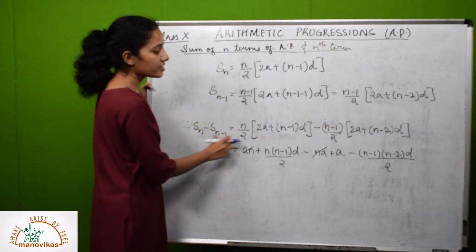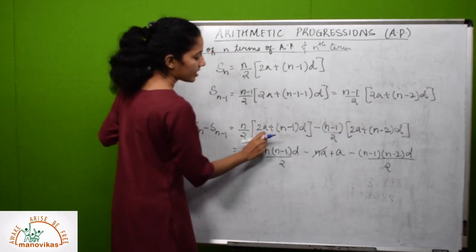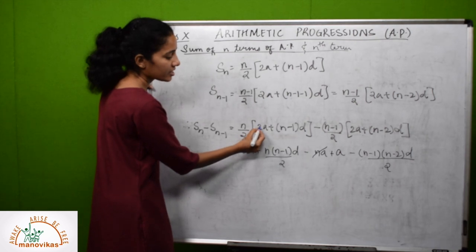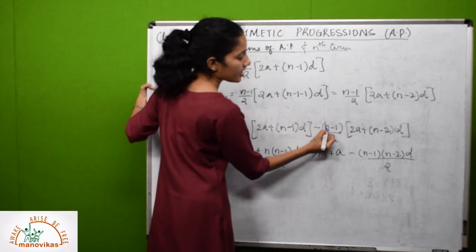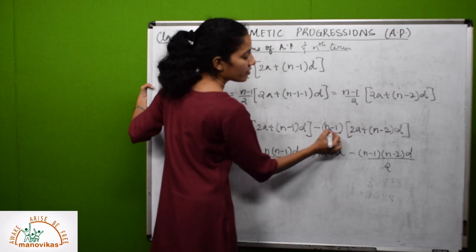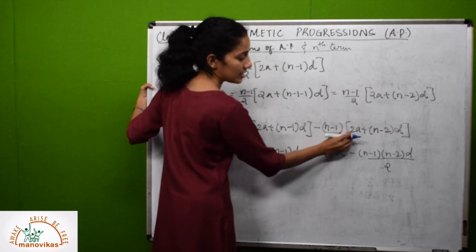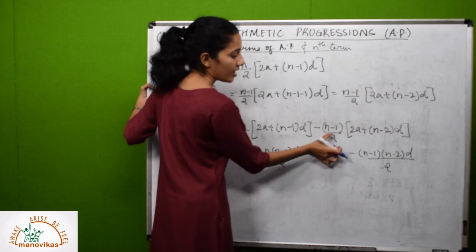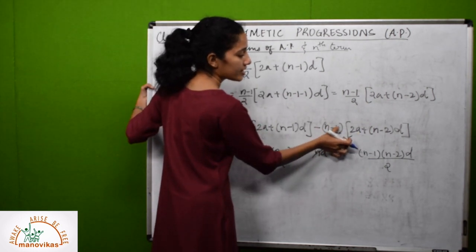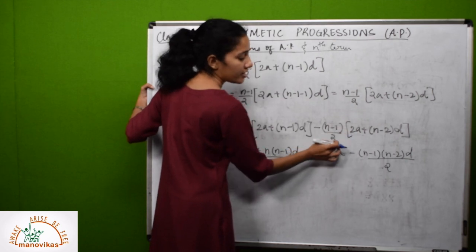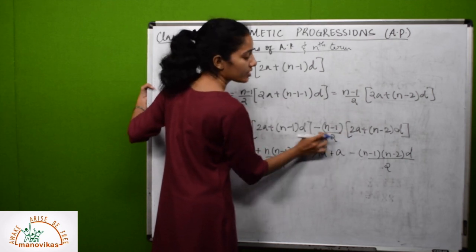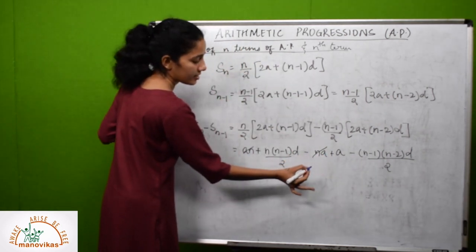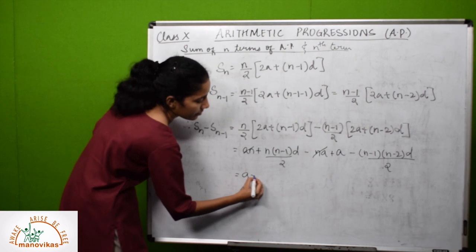So when you take the difference, I write the formulas as they are, and then in the next step I have multiplied them inside. When I multiply inside, the 2 cancels here, and in this case I have multiplied 2a with n minus 1 separately. So 2a into n divided by 2 will be na, and the next one will be plus a, since 2a divided by 2 gives you a, and this one as it is. So we see that na and negative na will cancel, and you have a plus.